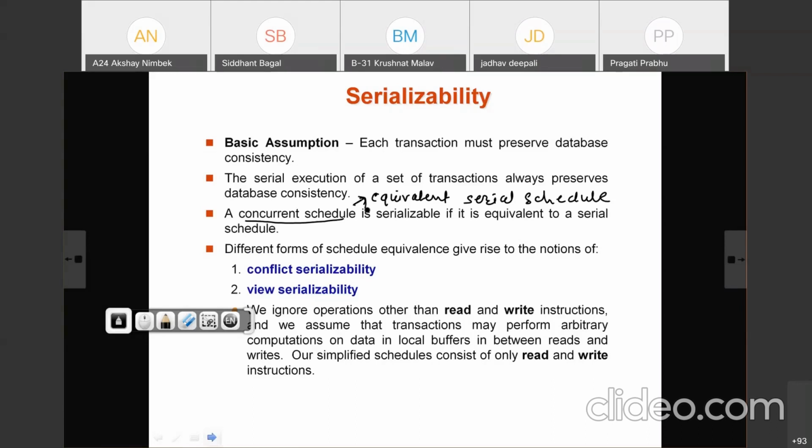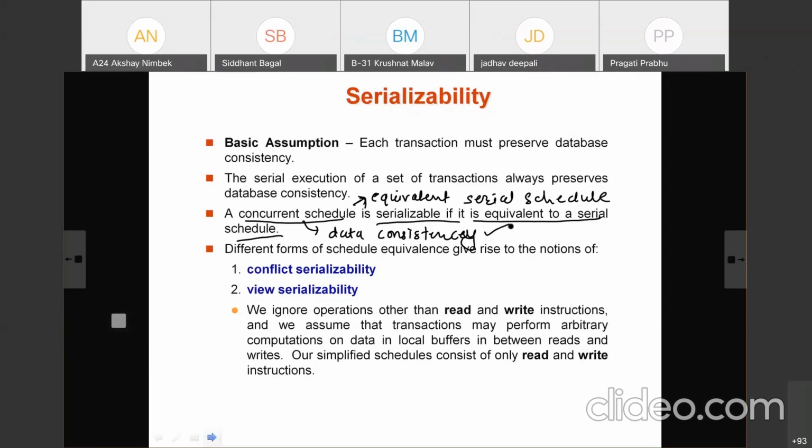If it is, then we can say it preserves data consistency, and that method is known as serializability. So a concurrent schedule is serializable if it is equivalent to a serial schedule, and if it is serializable, then it preserves the data consistency.